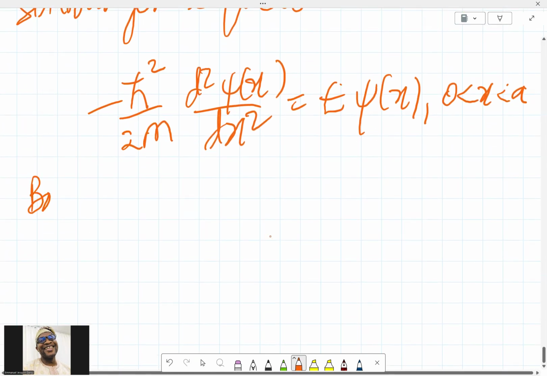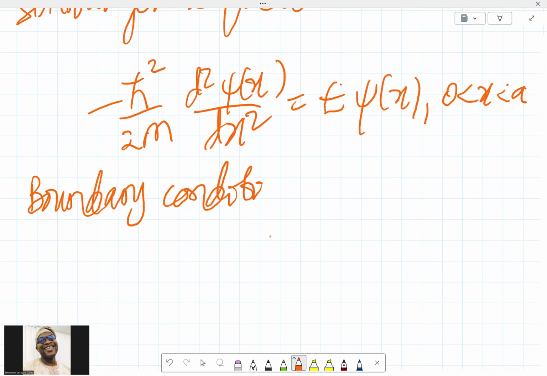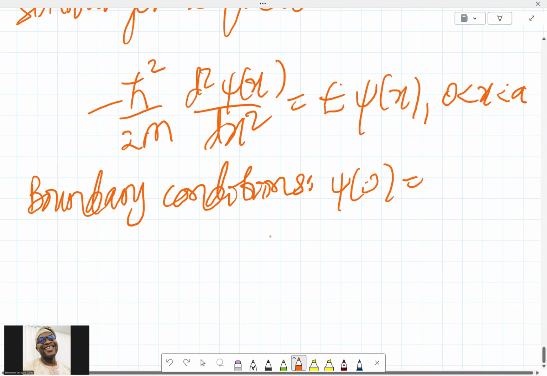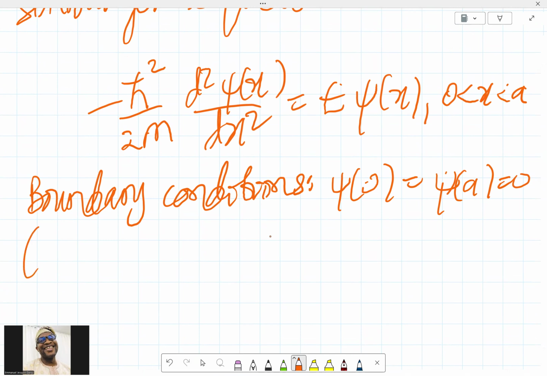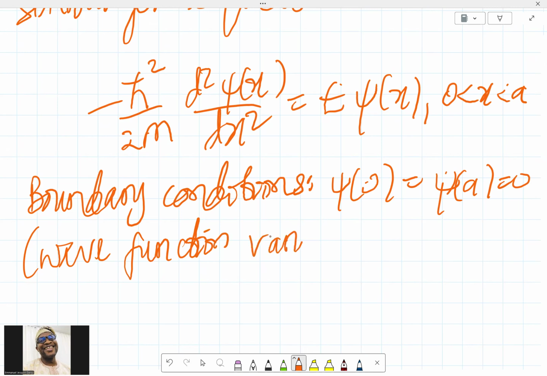So we have boundary conditions: psi of 0 equals psi of a equals 0. That means the wave function vanishes at the walls.